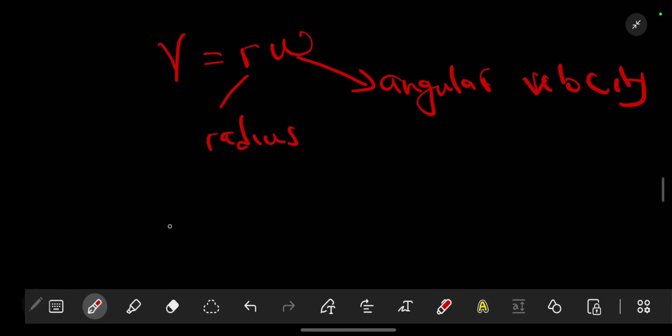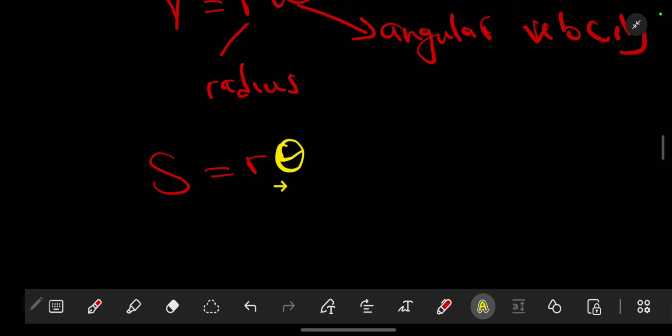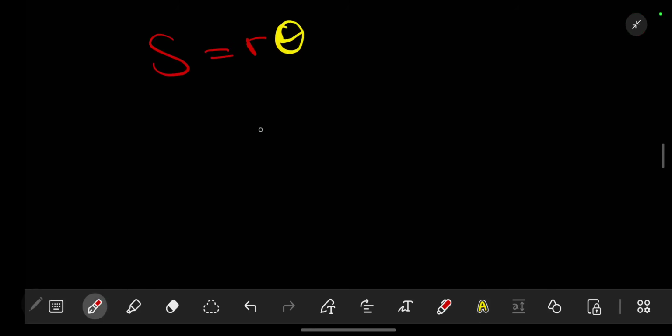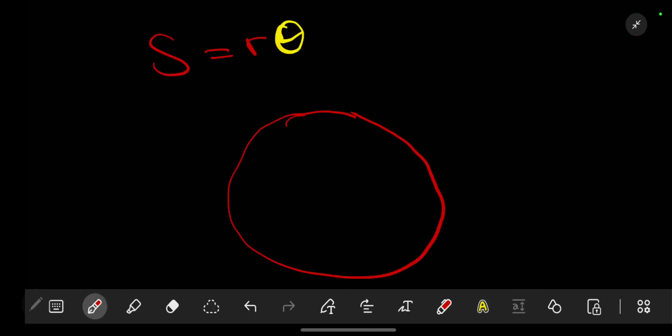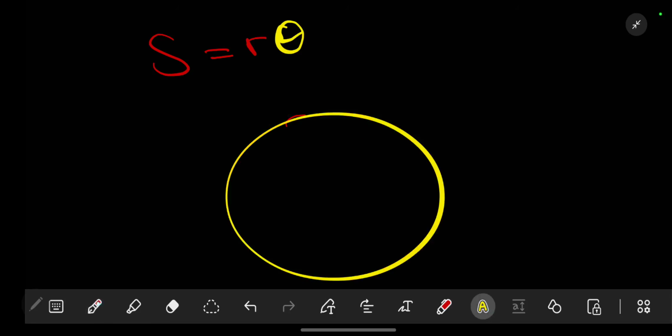Another formula: the distance is equal to r times the angular displacement. This angular displacement can be measured in radians. If you have a circle like that, from your math you will realize that the total distance covered by the circle is an angle, so it's the angular displacement.